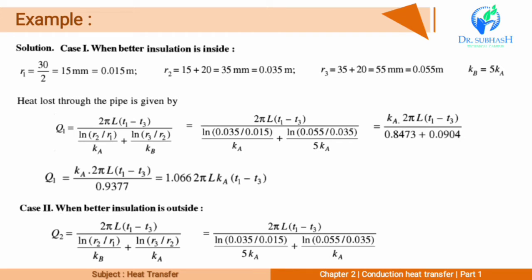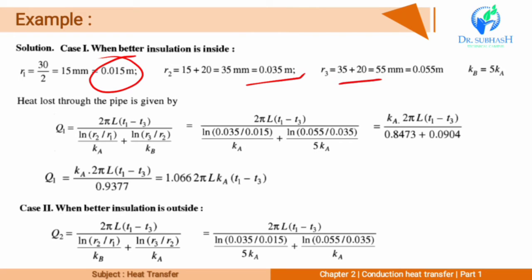Here, as per the given data, the radius R1 is 30 divided by 2, that is 15 mm, converted into meters that is 0.015 meter. R2 is equal to 15 plus 20, that is the radius R1 plus thickness 20 mm, so that is equal to 35 mm, converted into meters 0.035 meter. For radius R3, just add the thickness of the insulating material B to the radius R2.